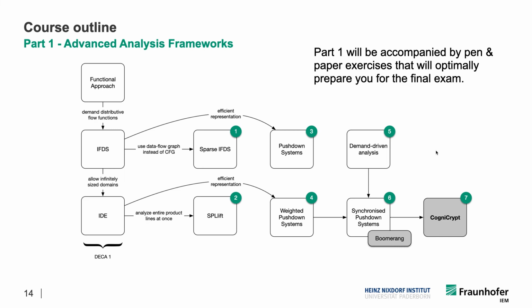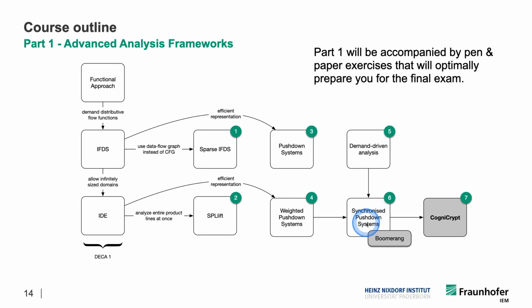And that's actually exactly what we're doing, and that's exactly one context where such demand-driven analyses are important and interesting. And I will explain to you how we implemented demand-driven analysis or the concept of these analyses in general, and then how we applied this to the concept of pushdown systems yielding so-called synchronized pushdown systems.